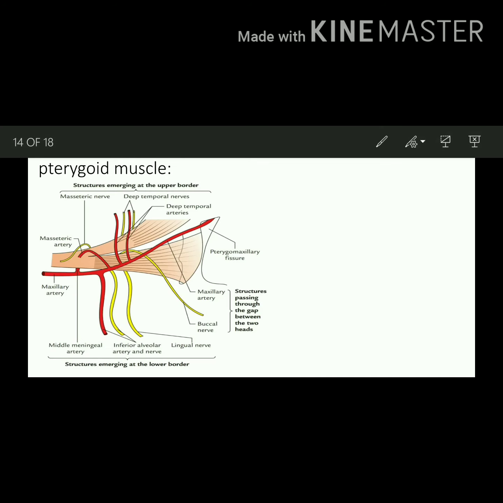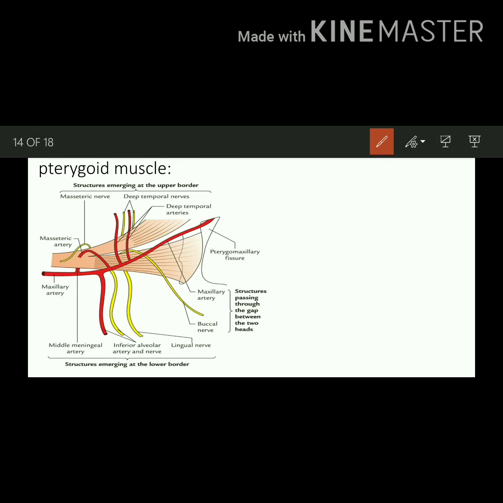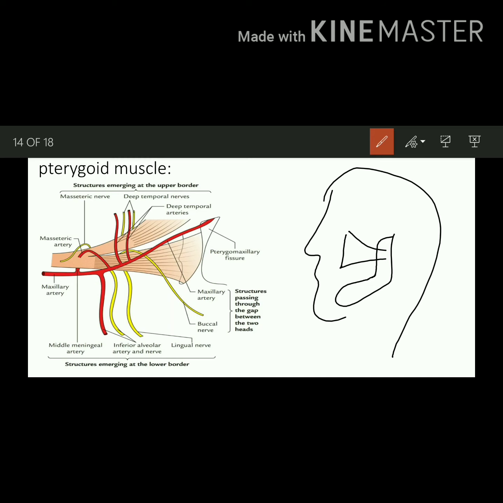Now coming to the relations of the lateral pterygoid, as this is the key muscle of the infratemporal fossa, I'm roughly drawing a diagram. Let us consider this to be the lateral pterygoid plate, with a conical shaped muscle.